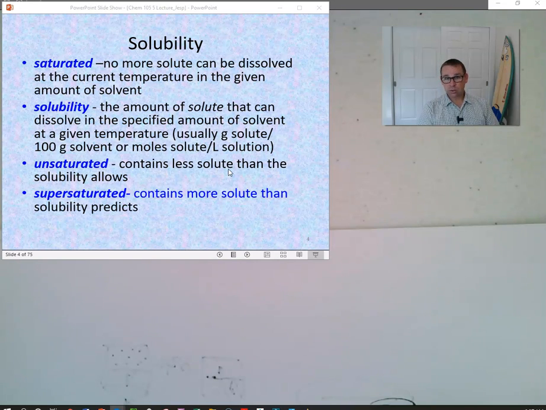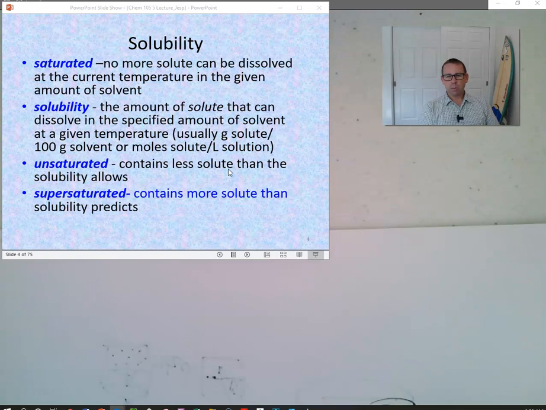The salt, sodium chloride, like salt from the salt shaker, we know about that. It dissolves in water. Okay? But we also know that there's a limit to the solubility of sugar and salt. If you put too much in, a lot will dissolve, but eventually the solubility limit will be reached. Okay?